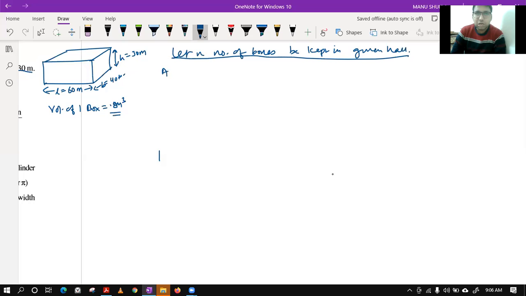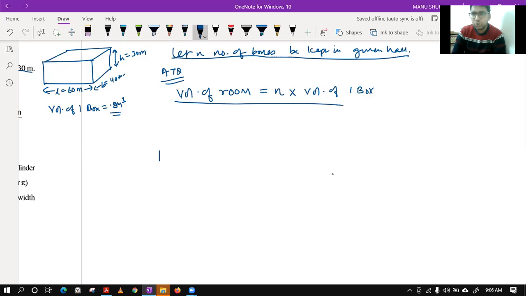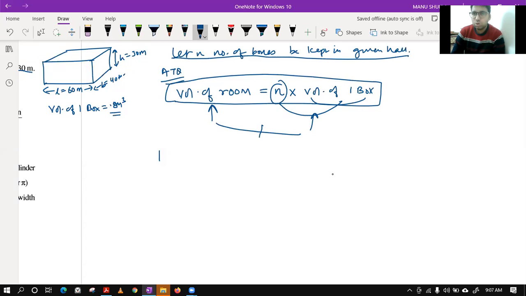According to the question, volume of room should be equal to n multiplied with volume of one box. Can we say this equation is correct? I hope we can say, because the left hand side is the volume which is quite a lot, and this is the volume of one box which is less, but we are multiplying with n to make it equal. So the equation is balanced.